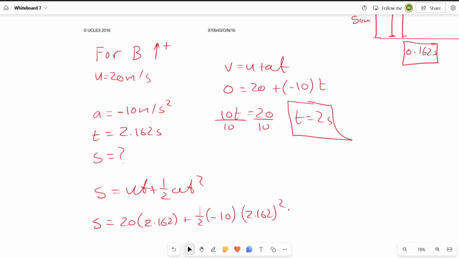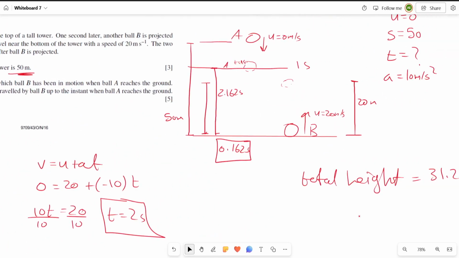If I plug that into the calculator, it will give me 19.869 meters. That means that after 2.162 seconds, B is now over here. It moved down a little bit, so I'd expect my displacement to be a little bit lower, which is the case, 19.869 meters.